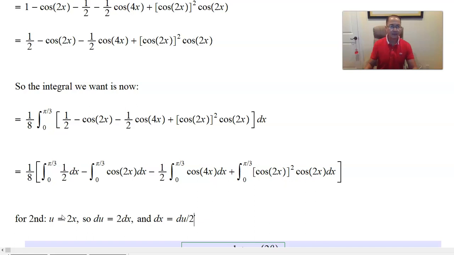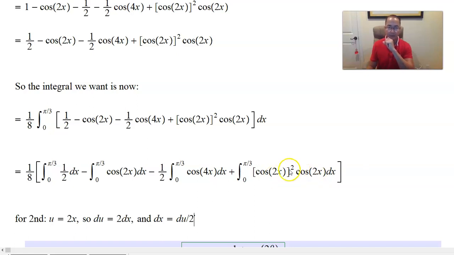Shall we change the limits? So we're going to get 0 to 2 pi over 3. For the next one, it's of course exactly the same, except 2 becomes 4. So dx will be du over 4. For the last one, we're going to use for our u not 2x, but cosine 2x.